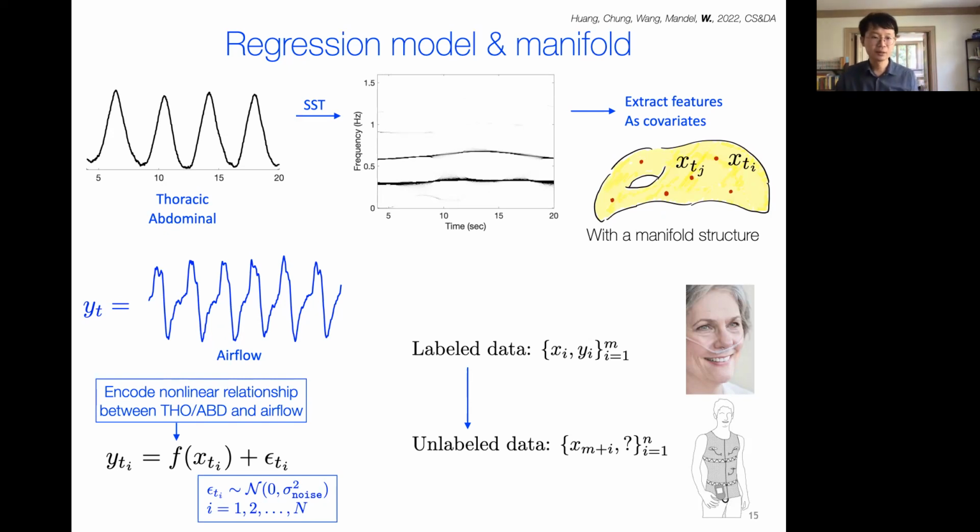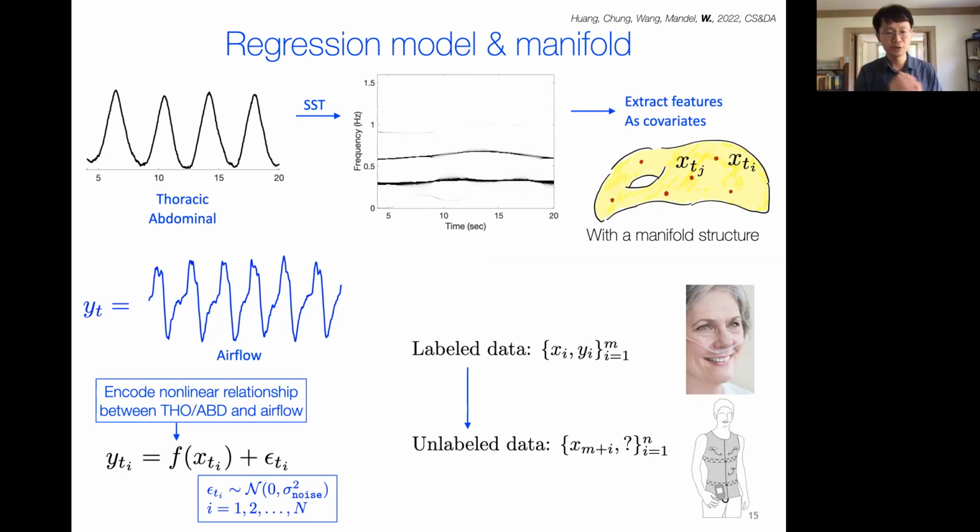Okay, so what we can do is view the simultaneously recorded airflow signal, denoted as YT, shown on the left-hand side of the slide. Then could we learn the relationship between the thoracic and abdominal movement and the airflow signal?